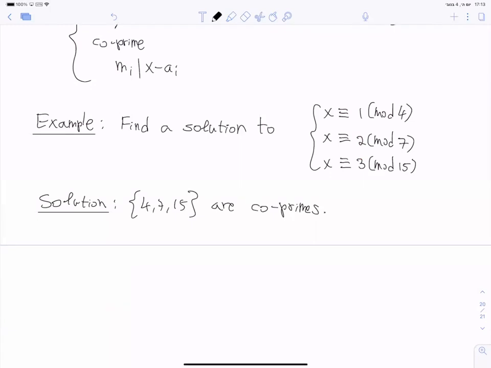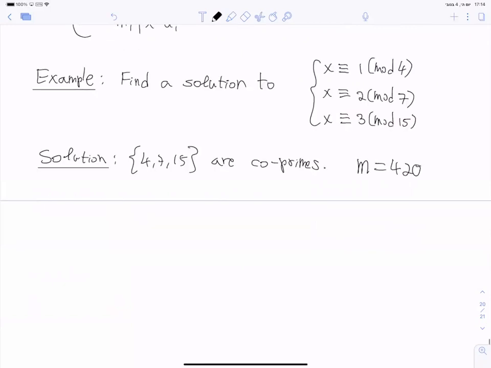We say our M is, say, 60, 420. And now we can write some table.